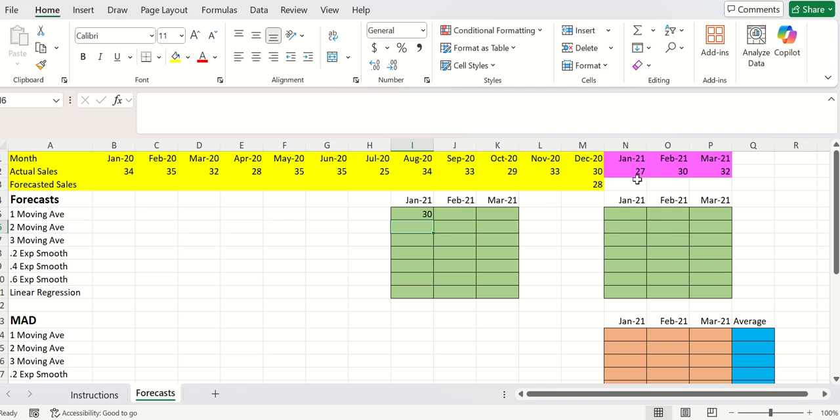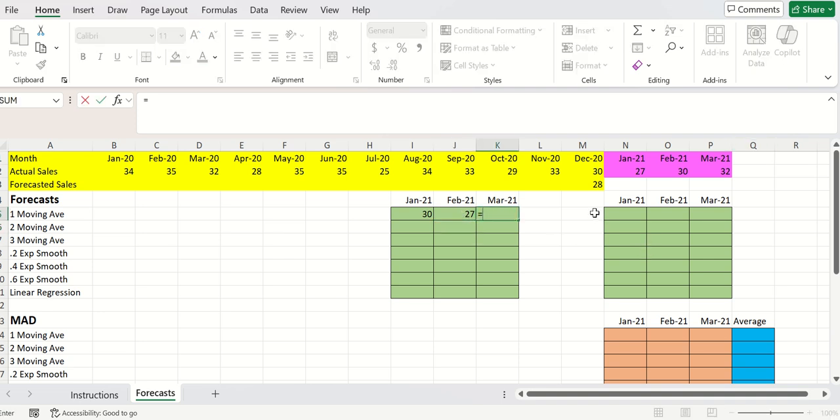It says I expect what happens in January to be exactly what happened in December, which also means that I expect February to be exactly what it was in January. I expect March to be exactly what it was in February. All right, so that's a 1 month moving average.